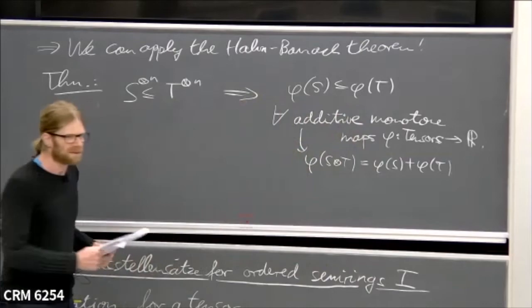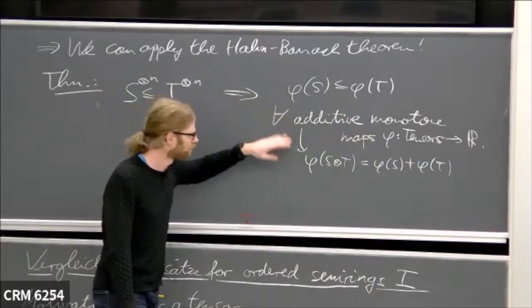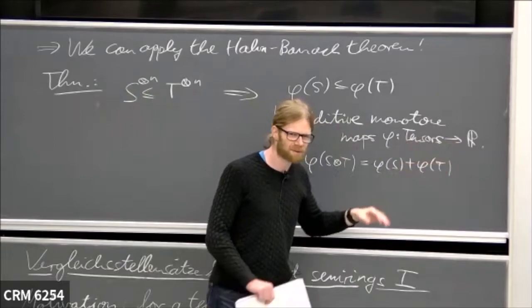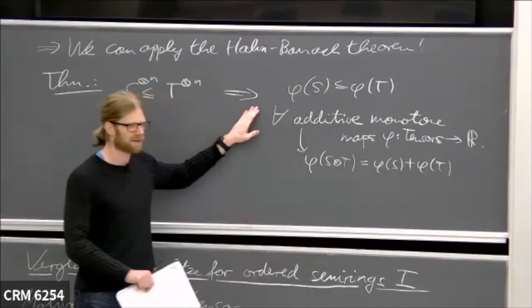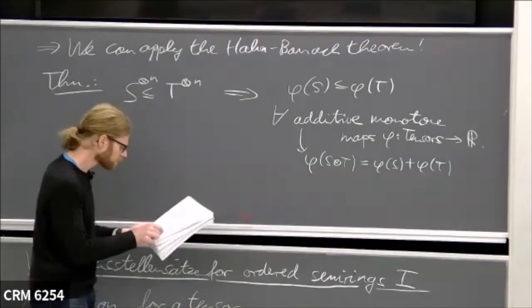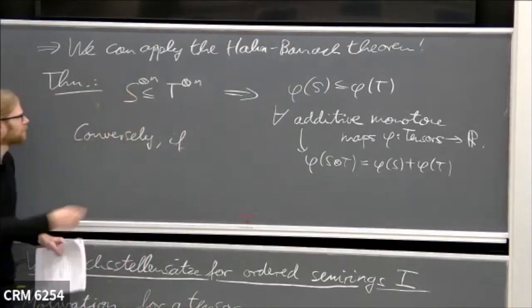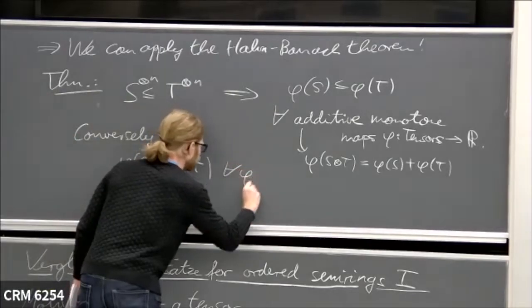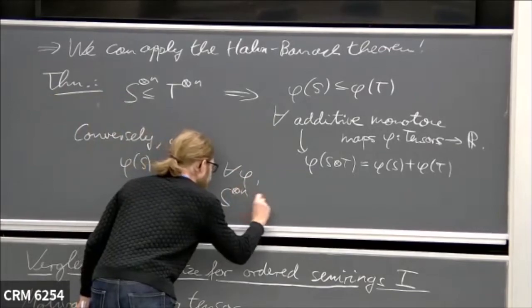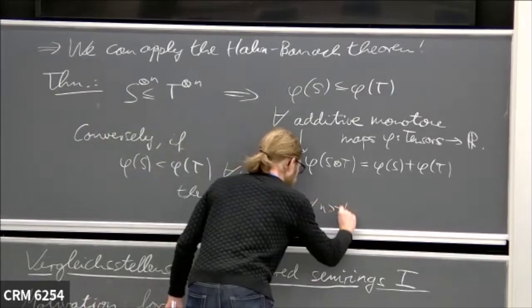Okay. So the Hahn-Banach theorem, for the tensors and also in general under some kind of niceness conditions on the ordered commutative monoids, gives us a kind of partial converse. Namely, if all of these inequalities hold strictly, then we can conclude that this holds for all such phi, for all sufficiently large n.